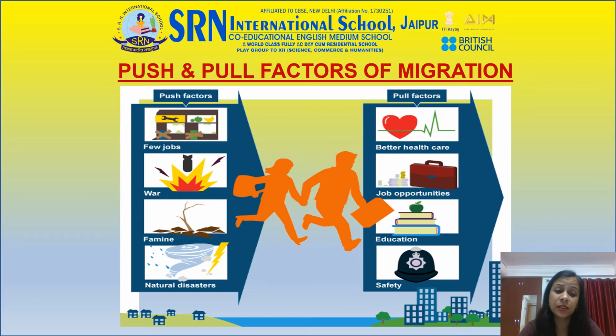Hence, the person is forced to leave that place and move to another place. The new place attracts them, and the factors that attract individuals are the pull factors. They may be better healthcare facilities, health and hygiene, good job opportunities, education, and safety. All of them attract individuals towards themselves.